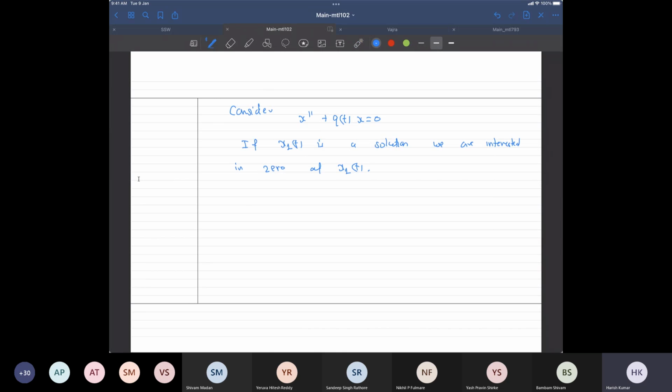Now with that in mind, let us look at some examples. Let us look at the simplest possible thing. This is a second order ODE of this form where I take q equal to 0.